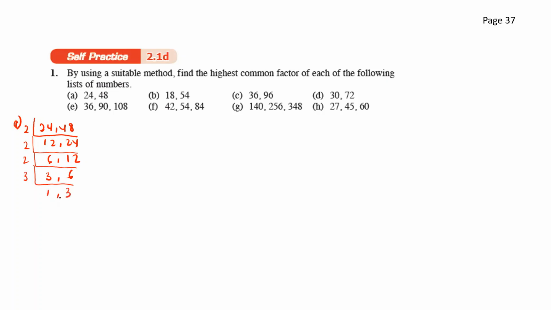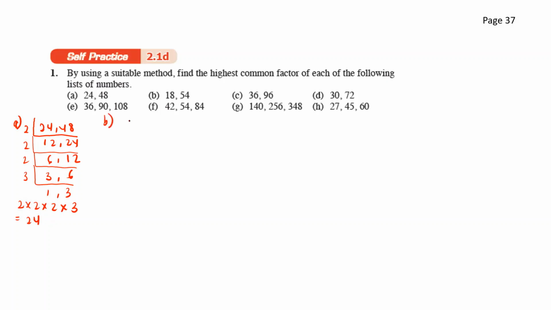So 1 and 3 cannot be divided by any common number, which means this will be it. That's all we have here. So 2 times 2 times 2 times 3, and that will give us 24. So 24 is the highest common factor here.